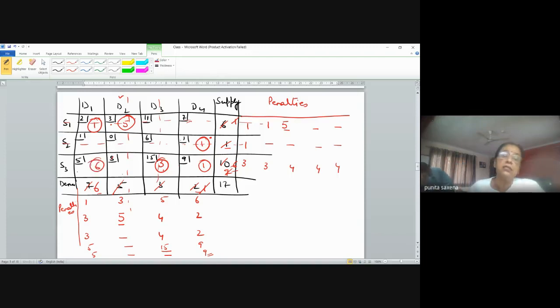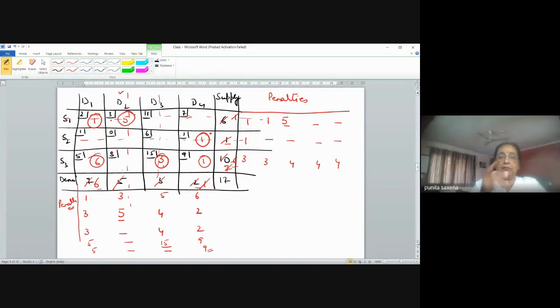But this gets 6. Okay? So this becomes your allocation. The moment you allocate 6 here, even this gets exhausted, and your problem is over. I mean, the problem of finding the initial basic feasible solution.